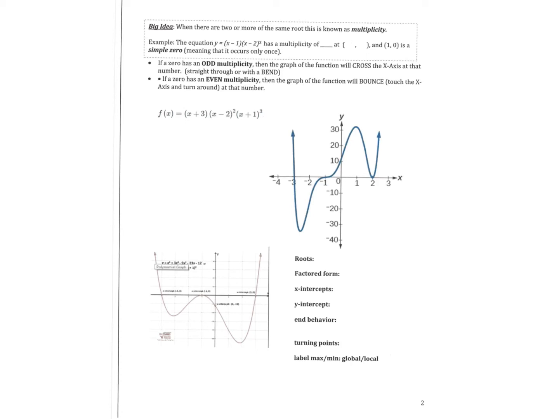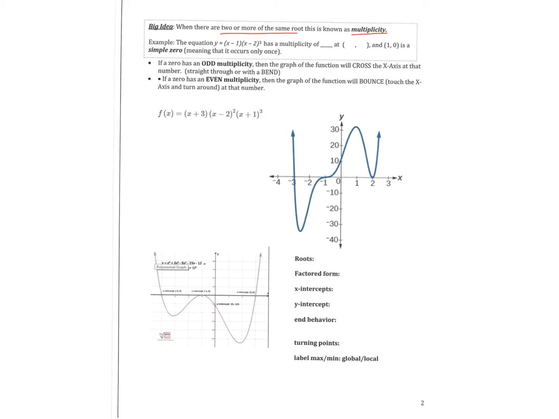We are now going to talk about multiplicity and how to find our solutions and how to find the degree of our function. So when there's 2 or more of the same root, we call this multiplicity. So what you and I have been doing is we've been factoring and saying what the roots are.